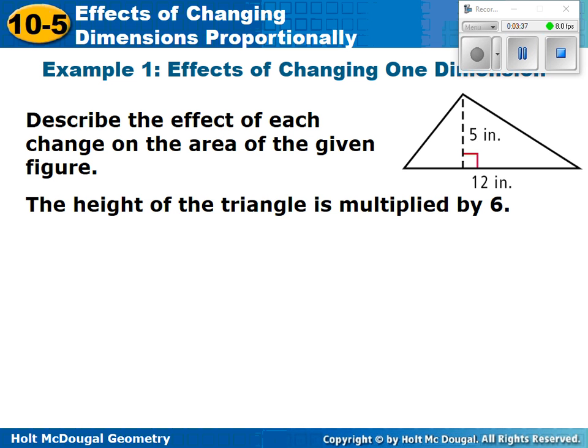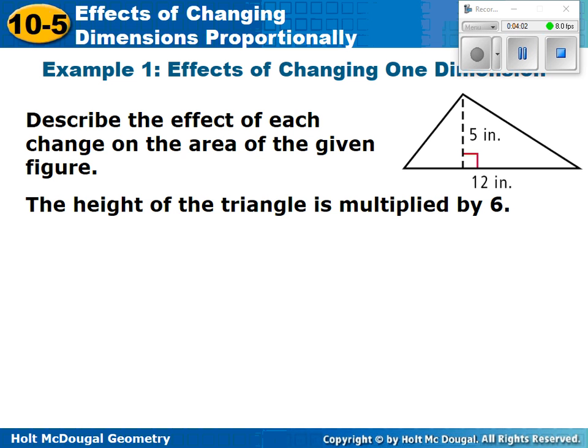And we just said the order in which you multiply doesn't matter. So I want this to still say 1/2 base times height. So I'm going to take this 6 and just pull it out front, so that this is 6 times 1/2 base times height. Do you agree that the order doesn't matter?